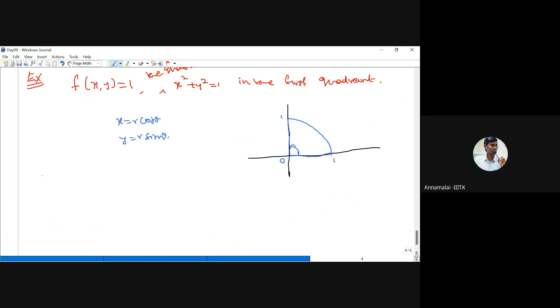Okay, so therefore the double integral, actually this f is 1, therefore this is nothing but r dr d theta. What is the limit for theta? Theta varies from 0 angle to pi by 2 angle. And what is the radius? Radius is always 0 to 1. From this we get a relation that x square plus y square equal to r square, right?